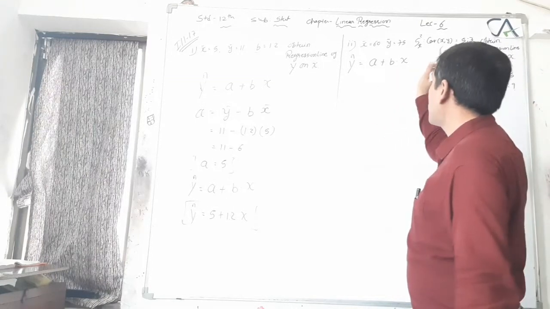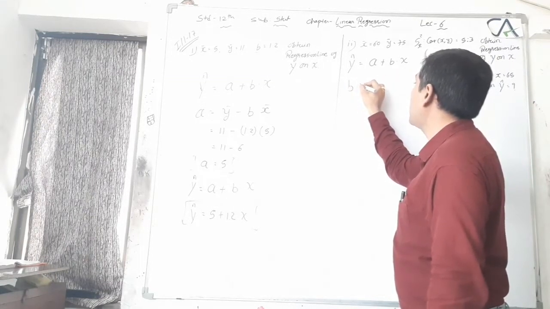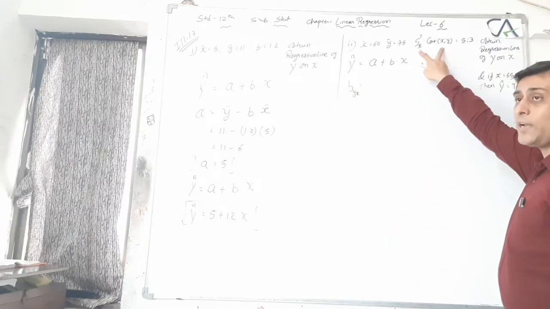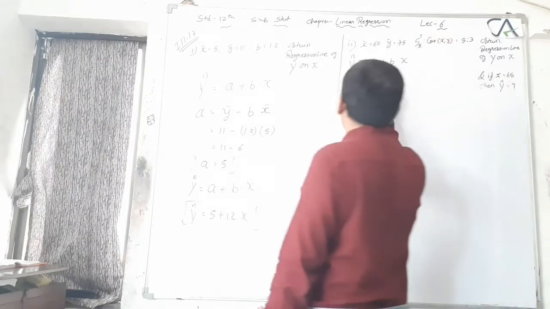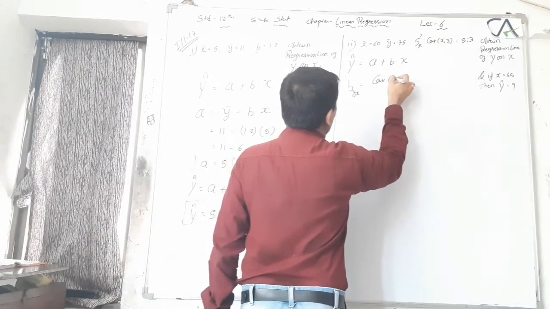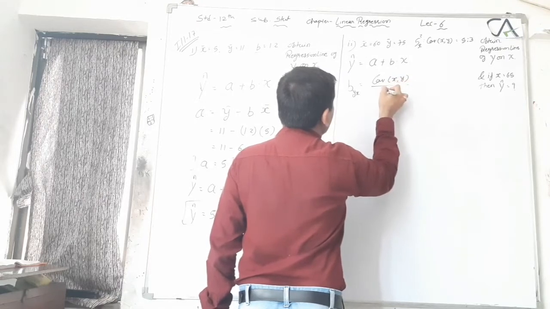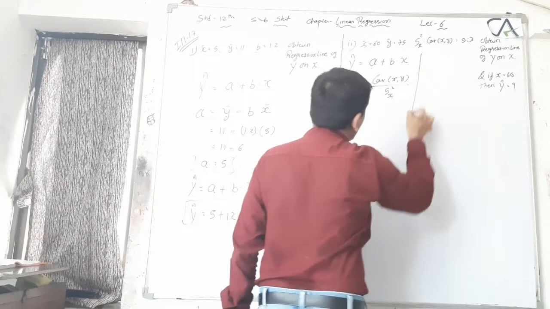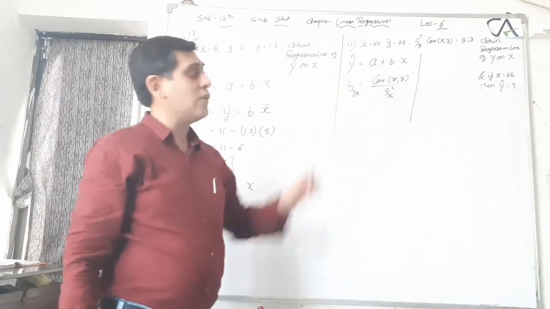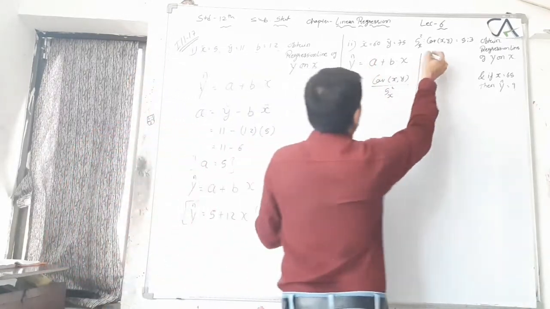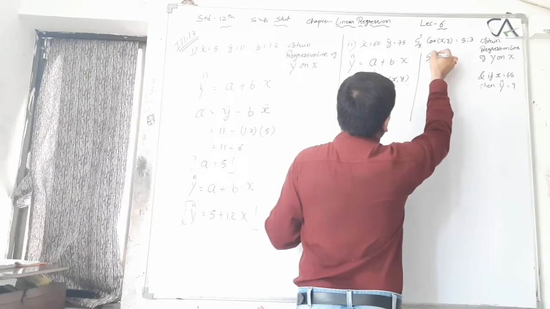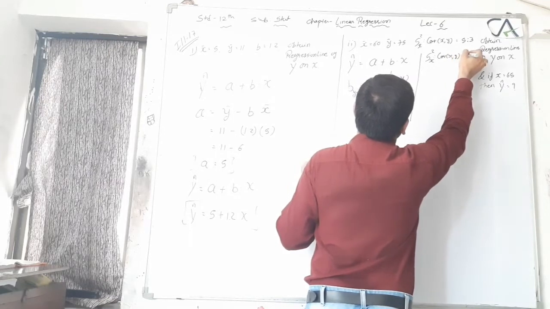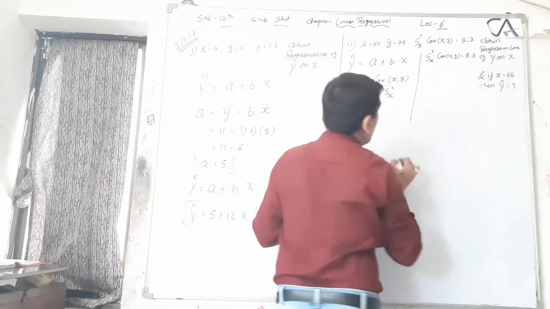So first of all, the formula for b is, on the basis of covariance of xy and Sx square, b y on x is equal to covariance of xy upon Sx square. But here the ratio is given, the reverse ratio, that is Sx square and covariance of xy is 5:3. What does that mean?